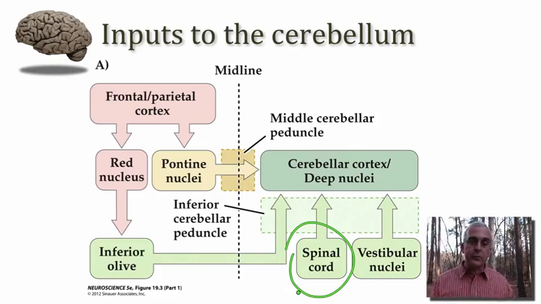This is the major relay of proprioceptive signals from the lower extremities into the cerebellum. This pathway runs on the ipsilateral side of the cerebellum and the spinal cord. So the cerebellum is getting information about the movements of the ipsilateral side of the body.